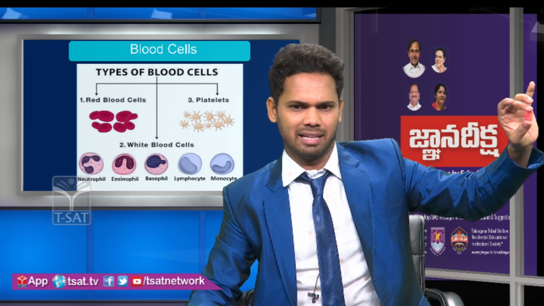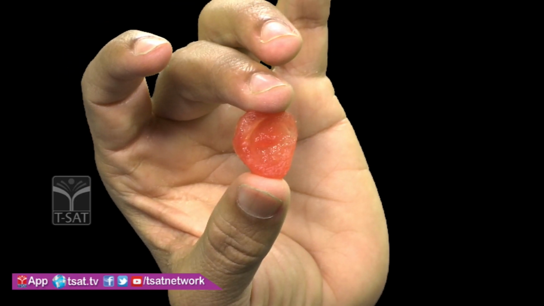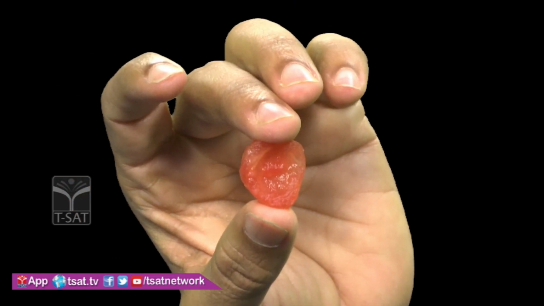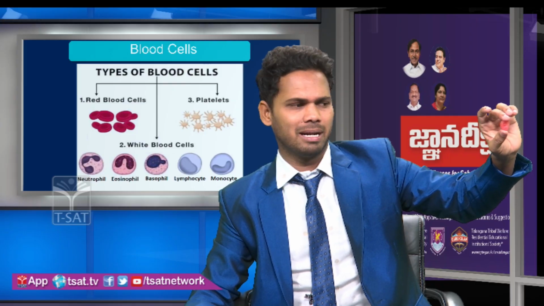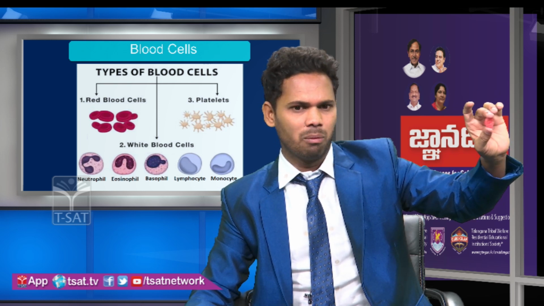You can see the red blood cell, red in color. So this image is very clear, a similar example for a red blood cell. This is made up of watermelon.